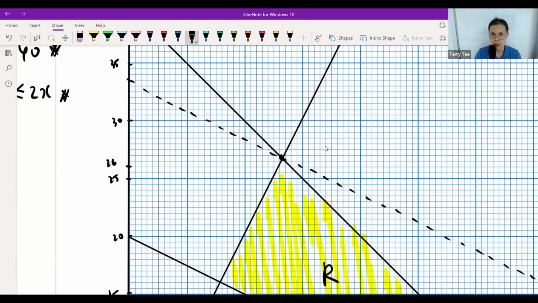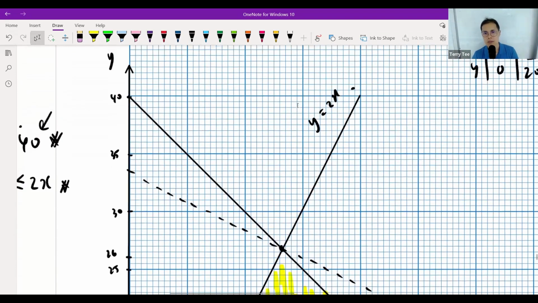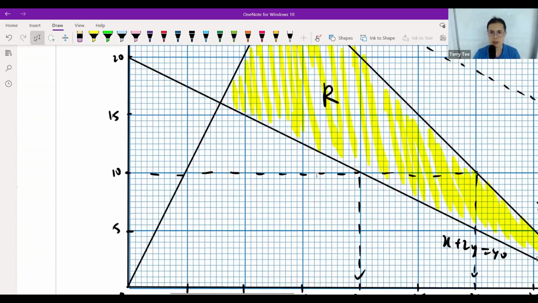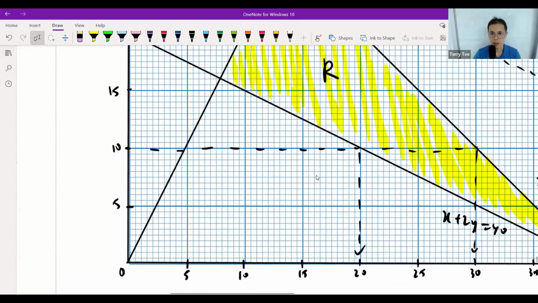So look at it. Can I go a bit further to the right? Can I read 14? 14 also looks possible, but you need to make sure it's inside. Let me see, 14. This one is 14. 14 can actually, yeah, 14, 26.